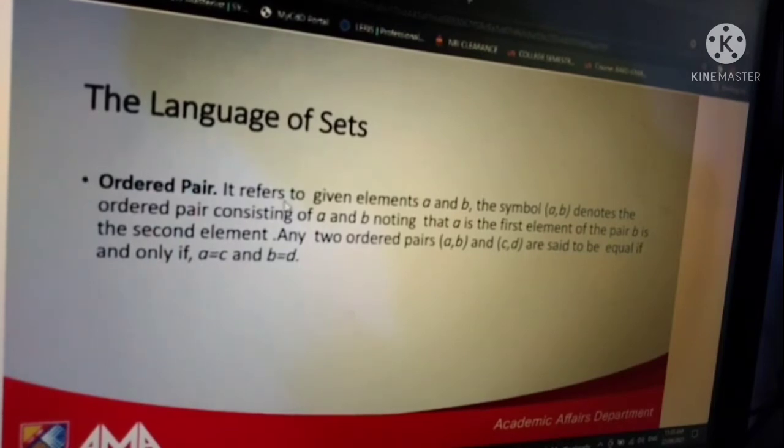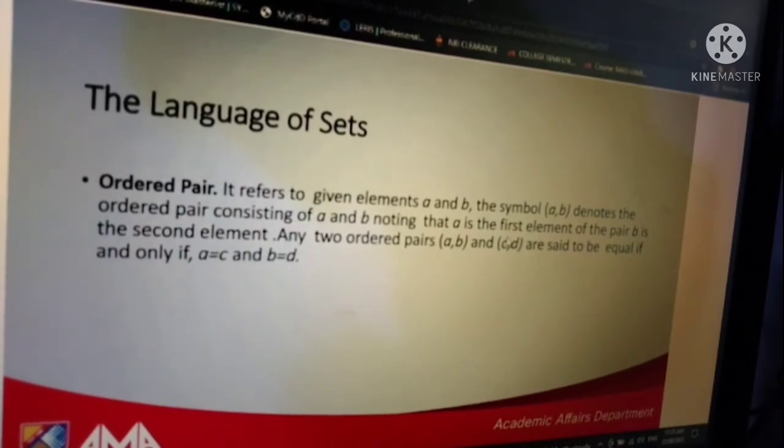So it refers to a given elements of A and B. The symbol (A, B) denotes the ordered pair consisting of A and B, noting that A is the first element and B is the second element, no?